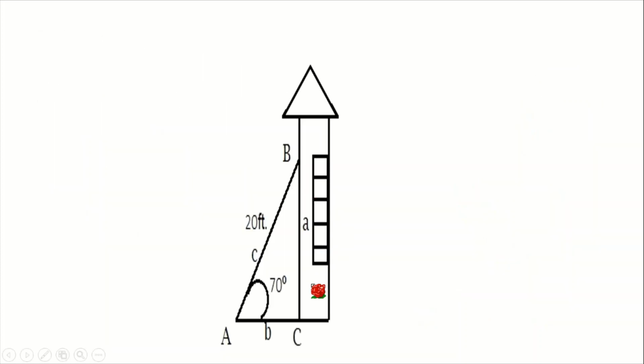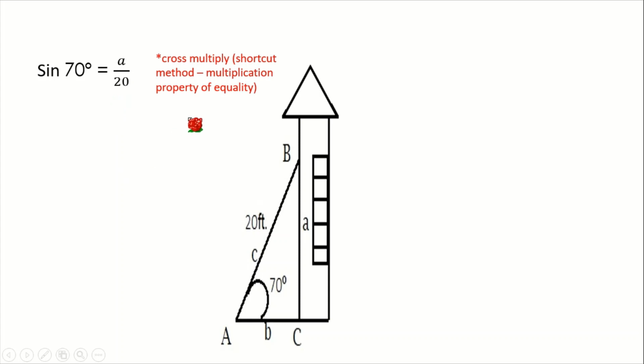To solve for the height of the ladder, we can use sine because we have the angle and we also have the hypotenuse. Sine is equal to opposite over hypotenuse. So we look for the opposite. Sine 70 degrees is equal to A, which is what we are looking for, over the hypotenuse, which is 20 feet. Substitute, then let's take a shortcut: cross multiplication.